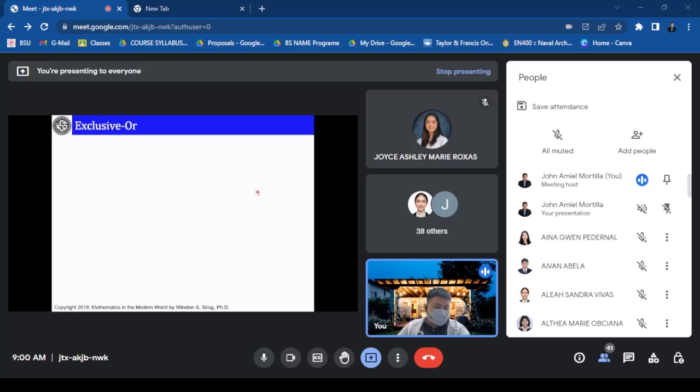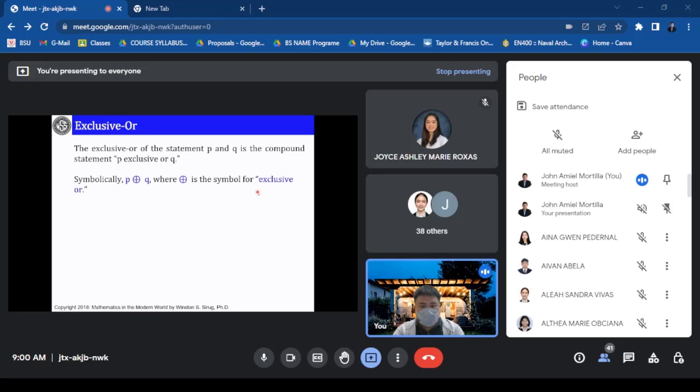Okay, so next we have the exclusive OR. The exclusive OR of the statements P and Q is the compound statement P exclusive OR Q. So symbolically P exclusive OR Q, where the circle with the cross is the symbol for exclusive OR. So property number 6 of compound statements.